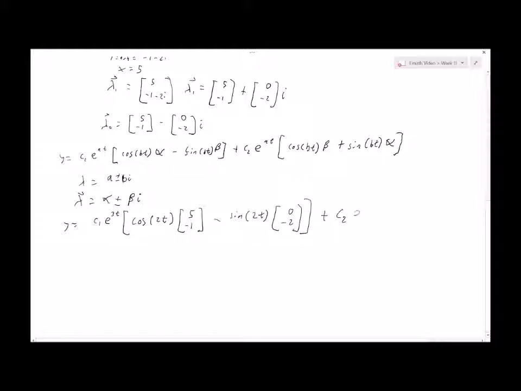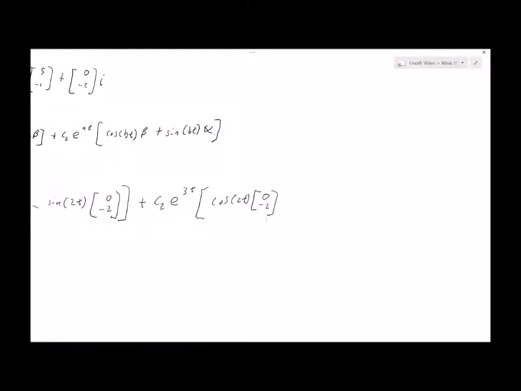plus c2 e to the 3t cosine 2t times beta, which is 0, negative 2, plus alpha, plus this time sine 2t 5, negative 1.